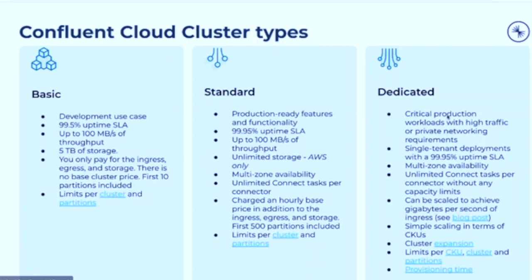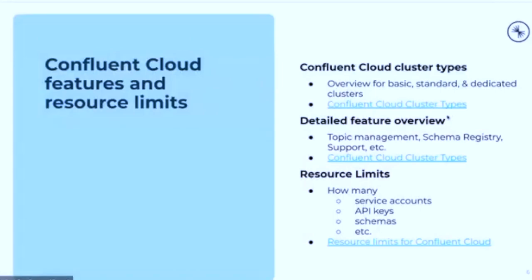I'd like to continue a little bit on this topic of limits and features, etc. So I've opened the tab already related to the cluster types and the properties in it. So we saw the dedicated cluster and its properties.